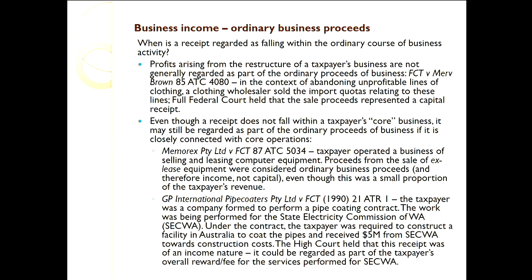It's part of the remuneration under the contract. And really, it's sort of a side point that you're going to use that to satisfy the contract terms and to build a facility. You have to build a facility, right? But it's using part of the remuneration to build the facility, right? Key point, it's part of the overall success fee, that $5 million for the pipe coating project. So yes, it's income.